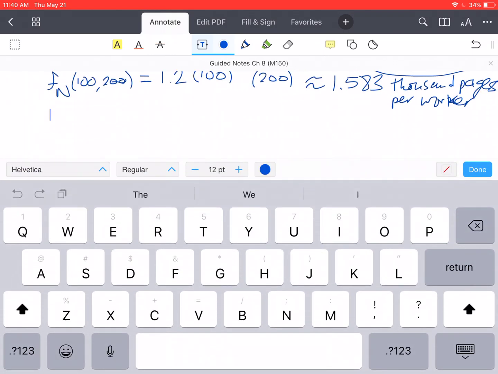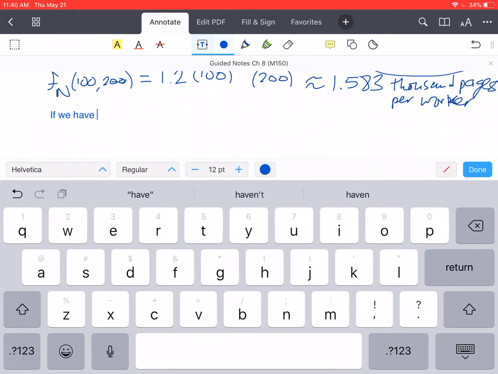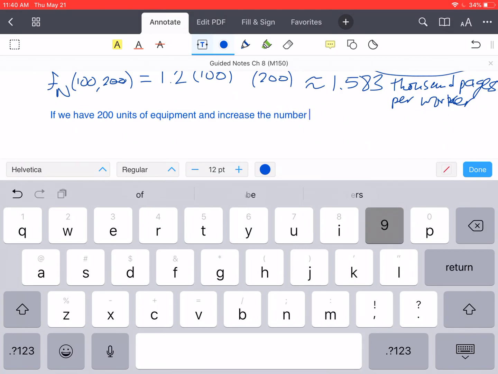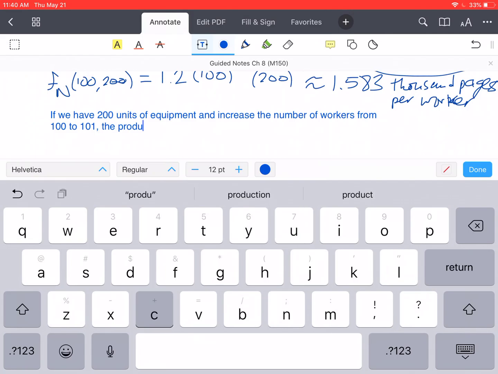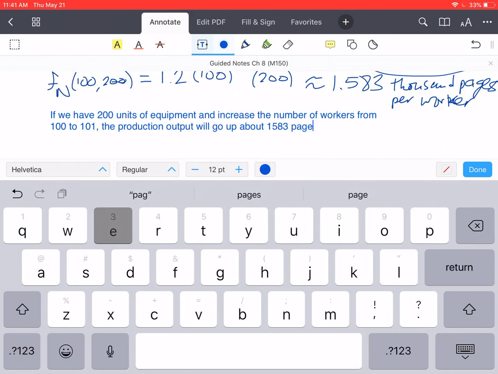Okay, so if we have 200 units of equipment and increase the number of workers from 100 to 101, the production output will go up about 1,583 pages per day.